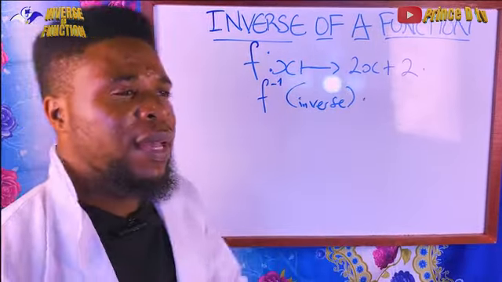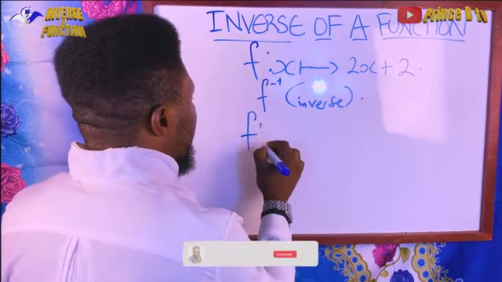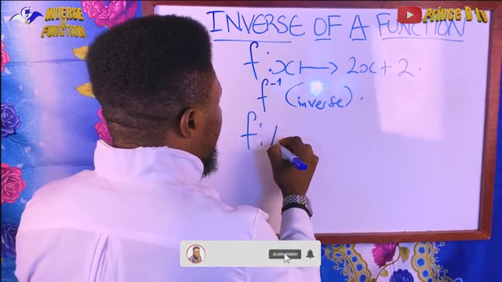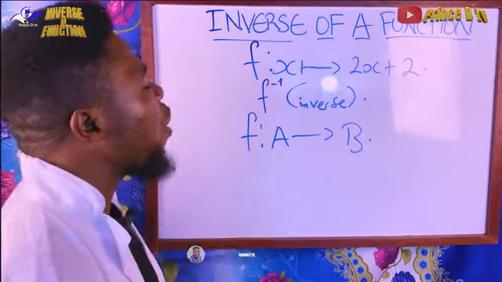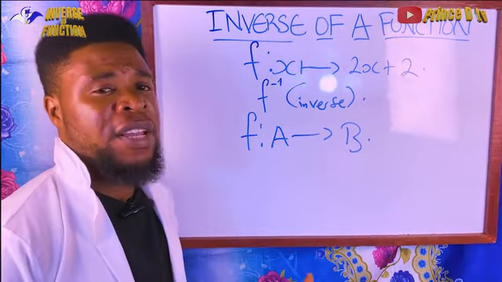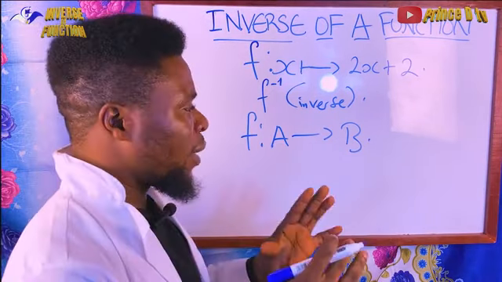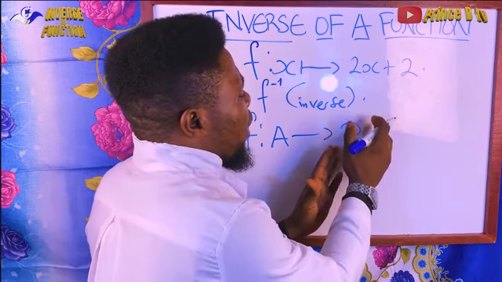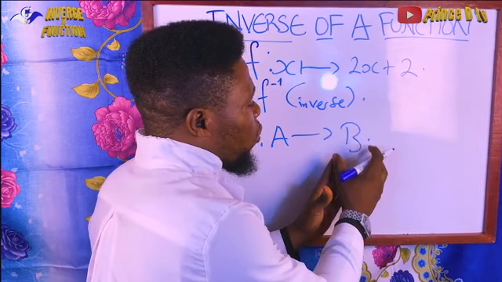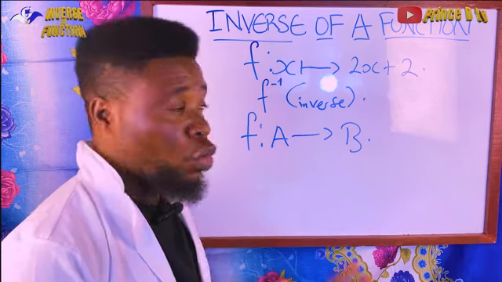Alright, again, if you have another function f such that a maps onto b, how can you look for the inverse of such a function? Like we said earlier, we are simply looking for how to map those elements in B, the codomain, back to elements of the domain.